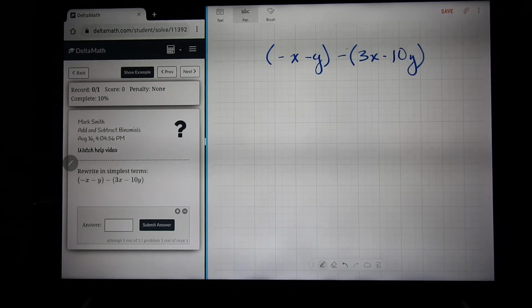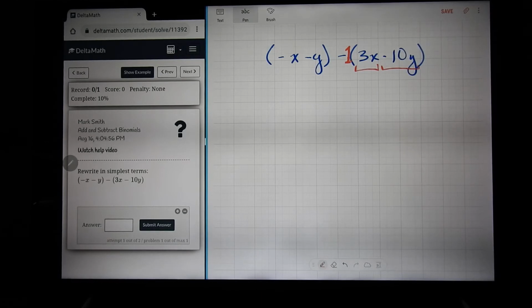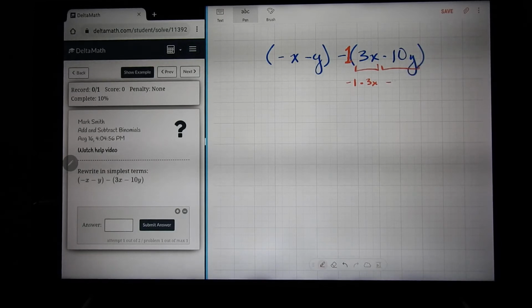So the first thing we have to do is multiply. I'll put our invisible 1 there. We have to multiply our invisible negative 1 times those two terms. So we're going to have negative 1 times 3x and negative 1 times 10y.